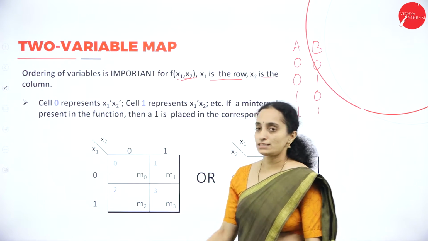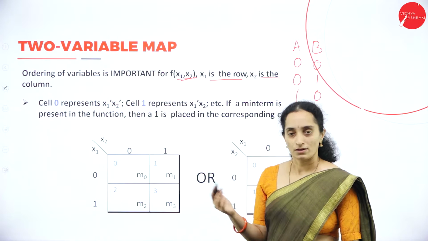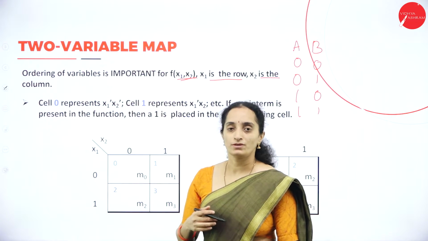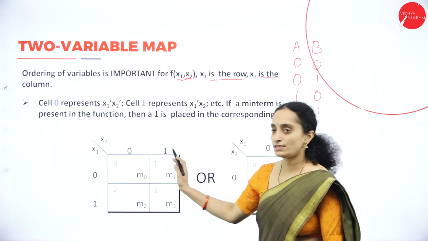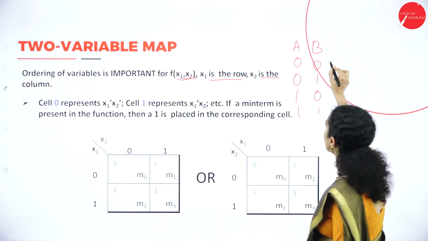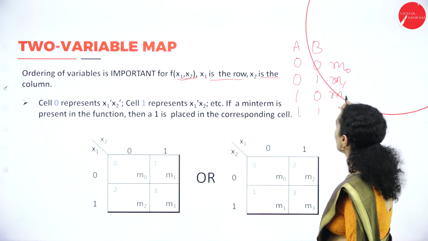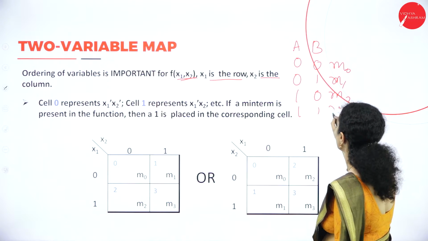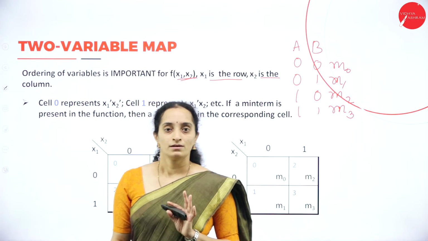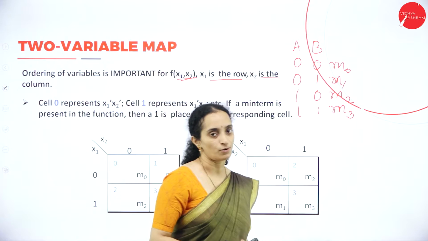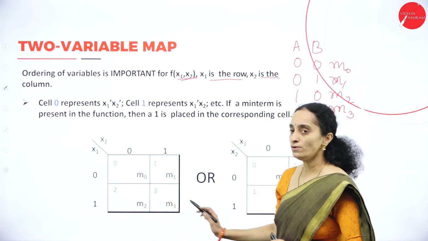Okay, here cell 0 represents the same value in whatever arrangement you have done with the variables. So this will have m0, it will have 0, 1, m1. If you take this as m0, m1, m2 and m3, if you have 4 different combinations, it can be listed like this: m0, m1, m2, m3.